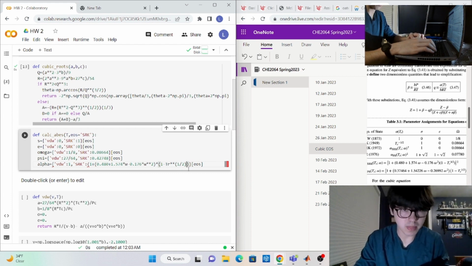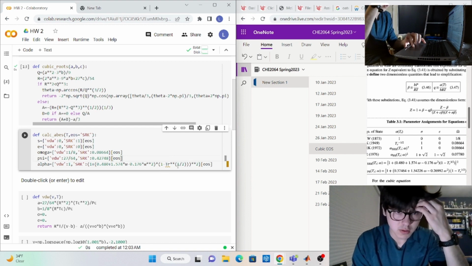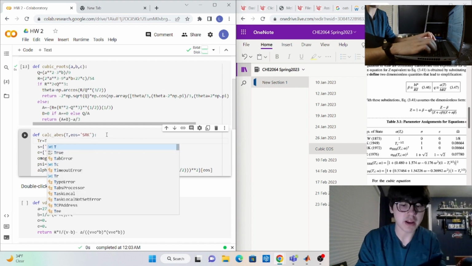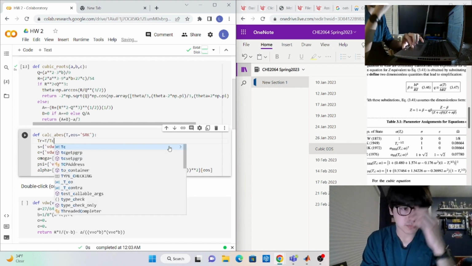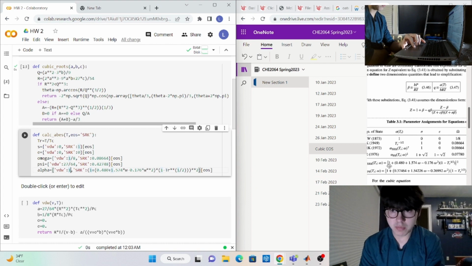And then need one more parenthesis just to set this squared. And then TR needs to be defined. The reduced temperature is just the temperature divided by the critical temperature. That's why we had to have an input of temperature there. So I think this is right. Let me just double check. 1 plus 0.4... I believe that's correct.